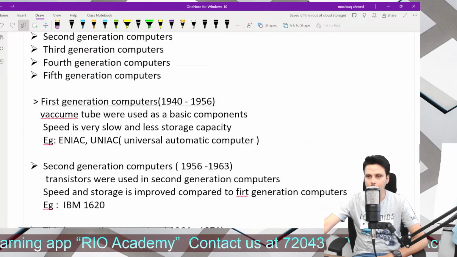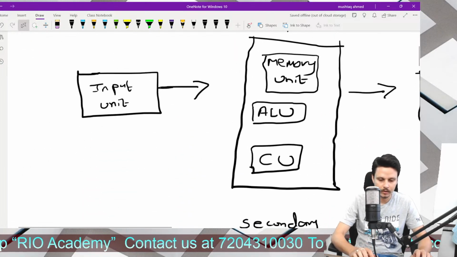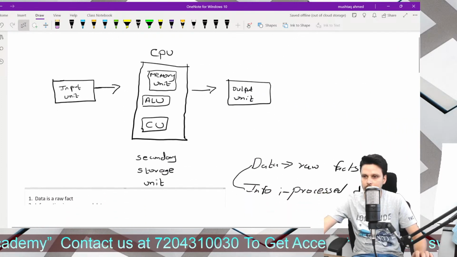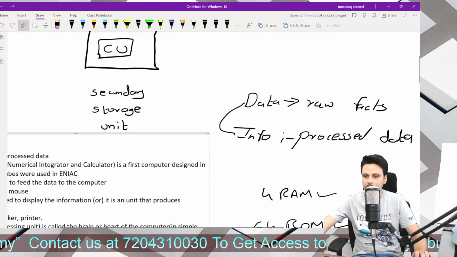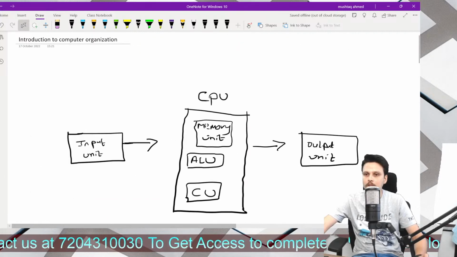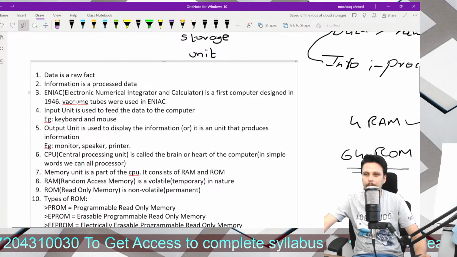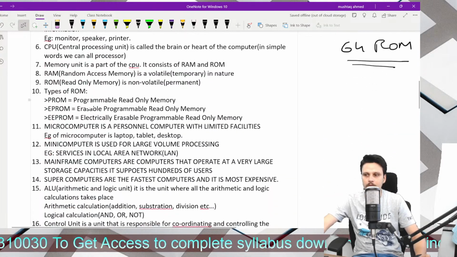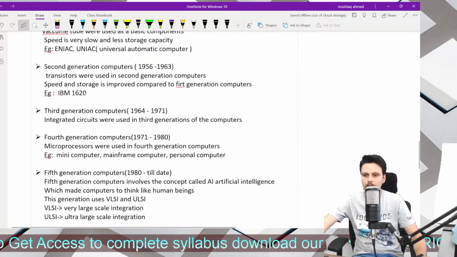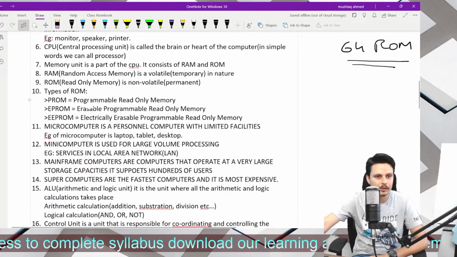So this is all about the basics of computer organization. You will get many questions from these topics. Students, just go through all these concepts.